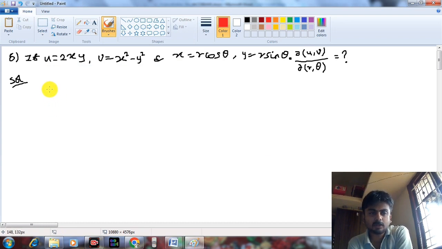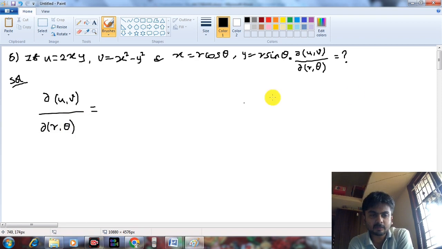We are given the value of u and the value of v. Now we want to find dou of (u, v) divided by dou of (r, theta).